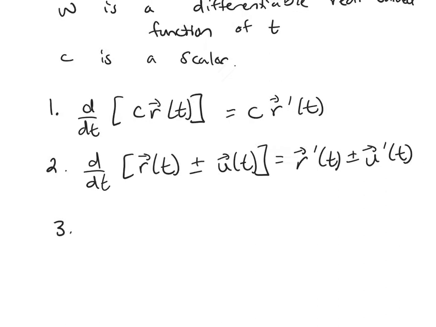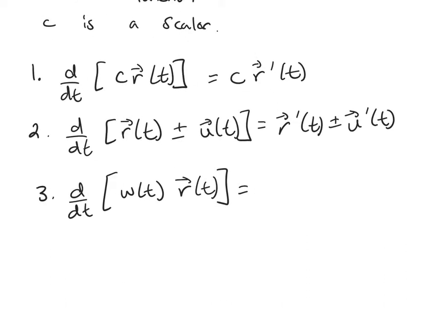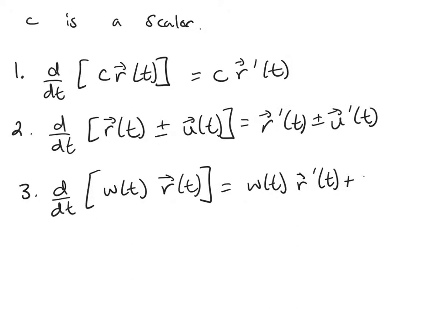And then if I have the derivative of a real valued function times a vector valued function, it's similar to the product rule: w of t times r prime of t plus w prime times r.